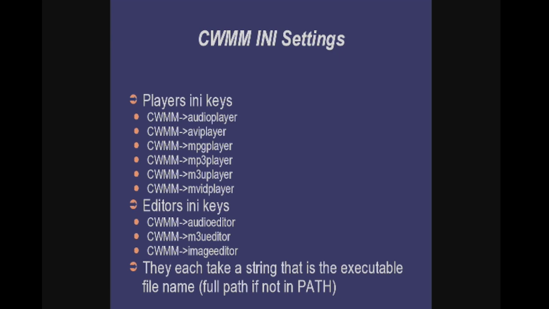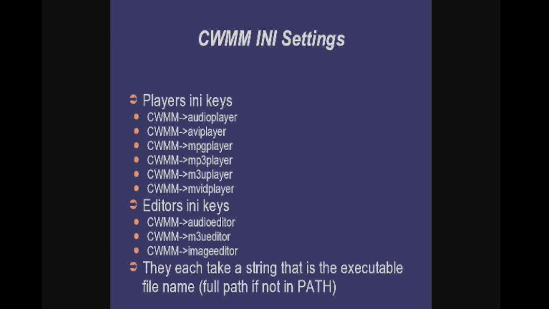The M3U player, M3U is just an object that is a list of files to play. So you can have it separate from the other players you use. And the MVid player, that's simply the modern video player. That's going to be your M player or whatever your choice is.